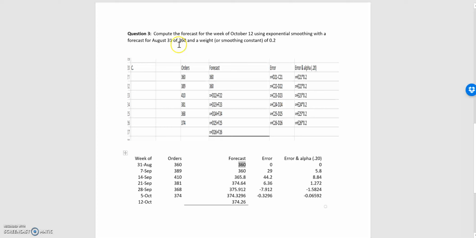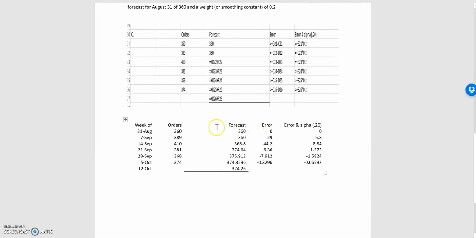We need that to be able to solve this problem. So we simply take our actual orders minus our forecast, which gives us our error. In this case, we had 0 error. We take our error and multiply it by our smoothing constant of 0.2. In this case, 0 times 0.2 is 0.